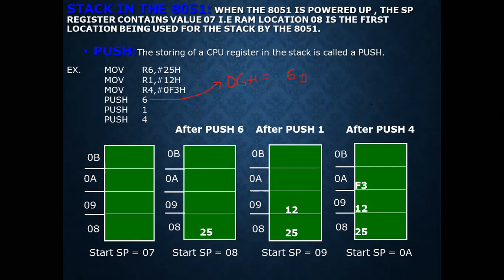Whether you have written 06H or 6 in decimal, the meaning is the same. Whenever we write 6, 1, 4, the microcontroller understands these are decimal numbers. If you are not putting any H, then the microcontroller will understand this is a decimal number.